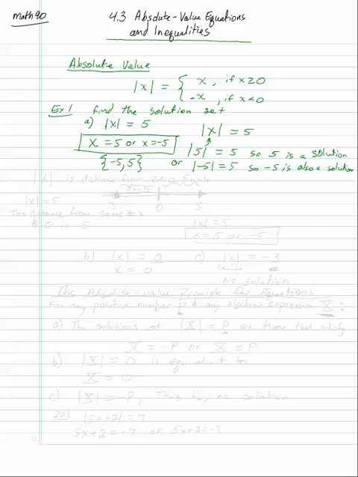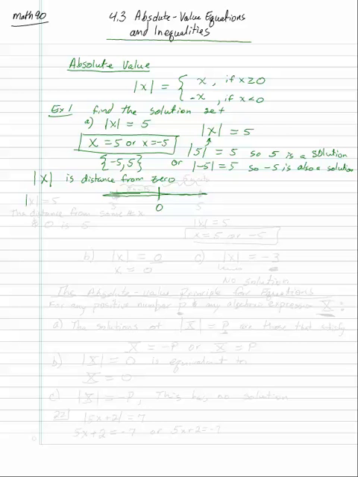Now, I was mentioning we can also think of this as distance. Absolute value is distance from 0. Okay, the distance a number x is from 0.